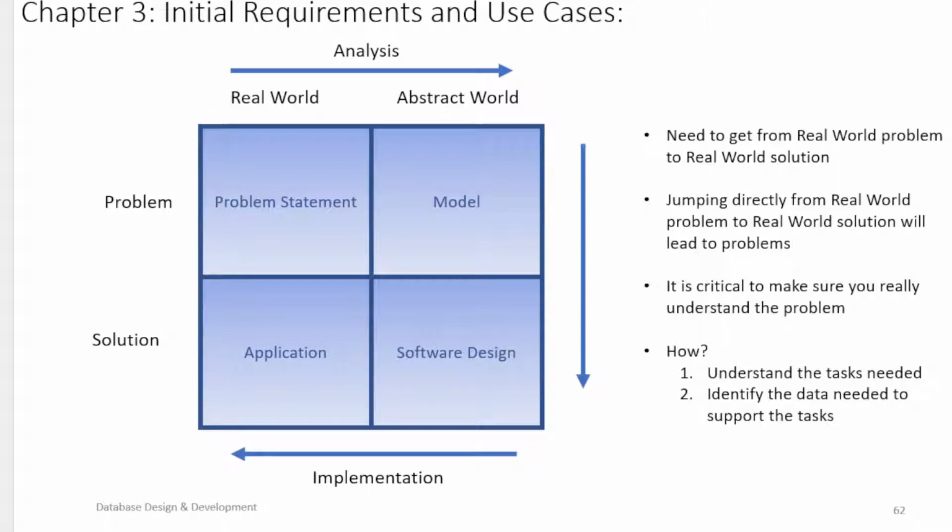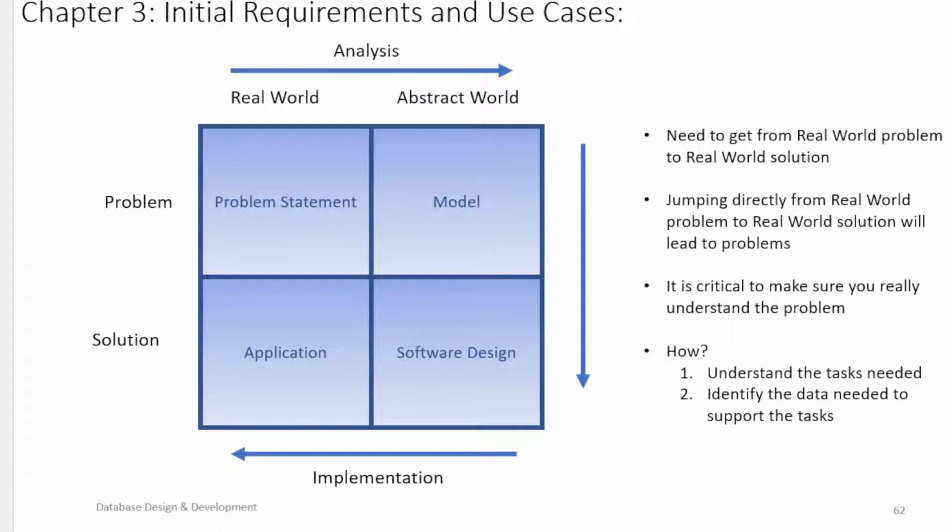All right, we're still going into the development phase, and that's what a lot of this whole course is on: design and development. So we have to start looking at things like initial use case requirements. We need to get from a real world problem to a real world solution.